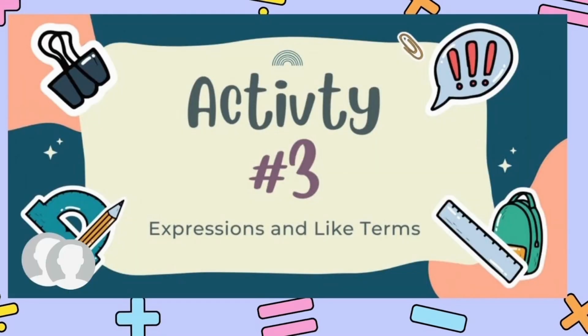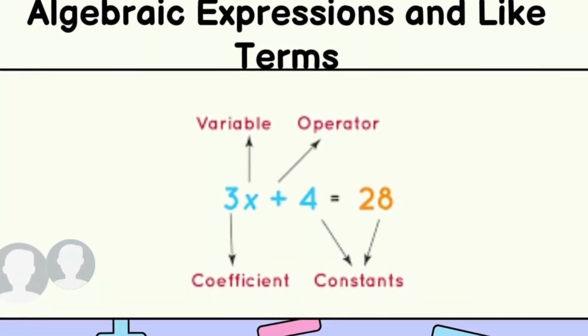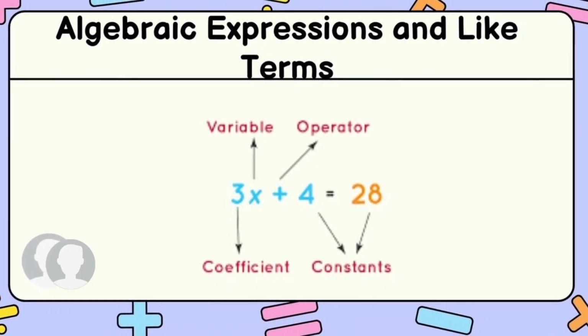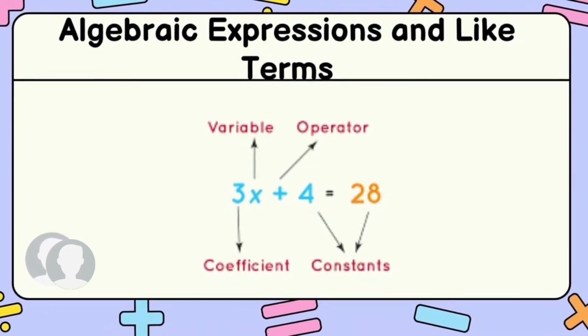Algebraic expressions and like terms. I spy. What do I spy? I spy variables. I spy operators, coefficients, and constants. Algebraic expressions and like terms is a fun interactive game which allows students to identify the parts of an algebraic expression.